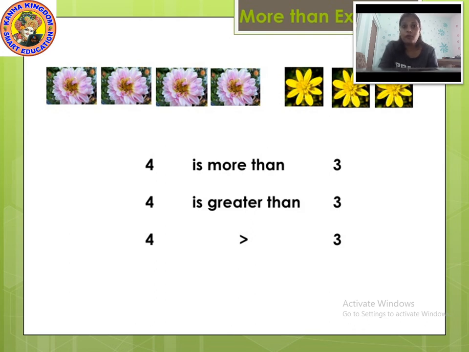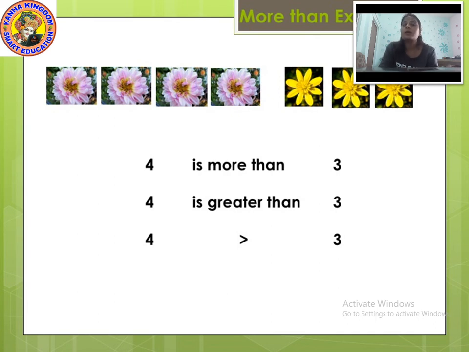Yes, 4 is more and 3 is less. So if 4 is more and 3 is less, then what will we say? 4 is more than 3.